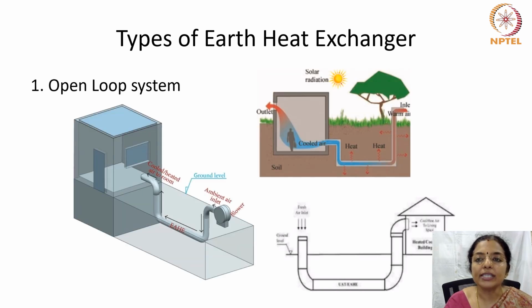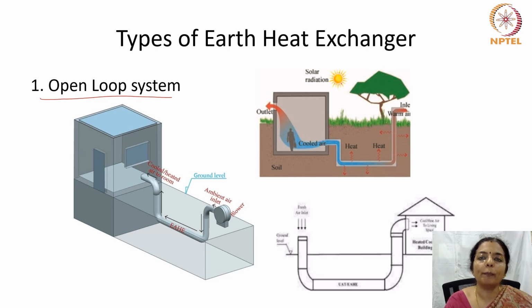Now, what is an open loop system and a closed loop system? Different types of earth heat exchangers are used to reduce the building energy consumption. It can be an open loop system as we are discussing here, and it can be a closed loop system.